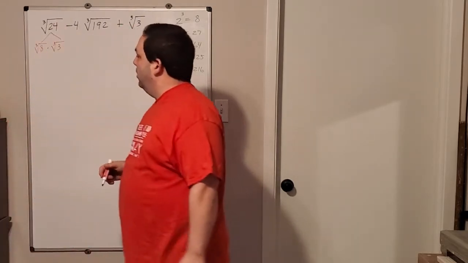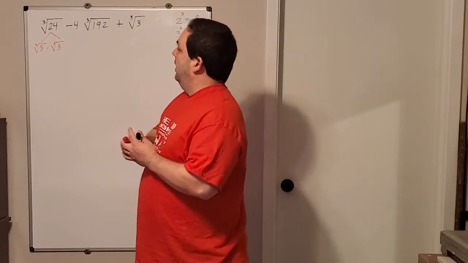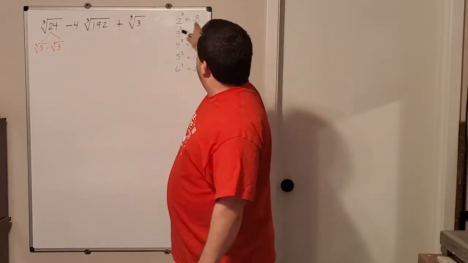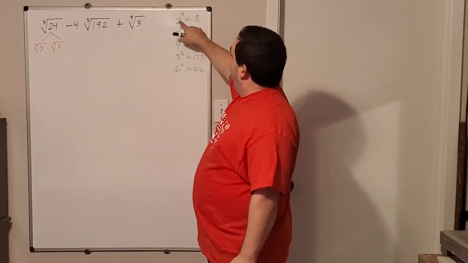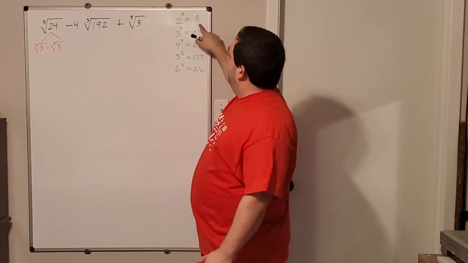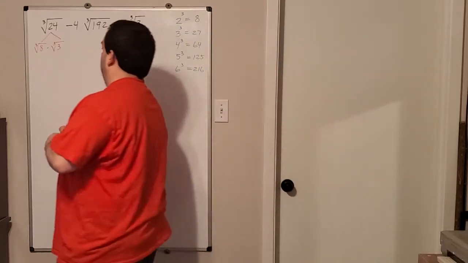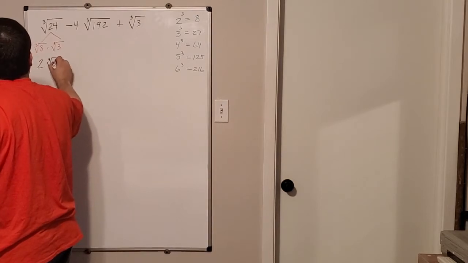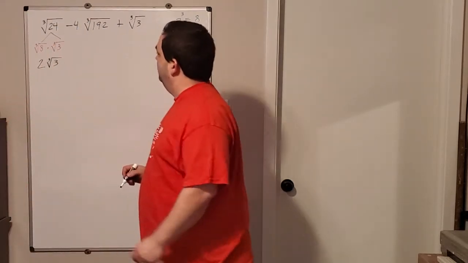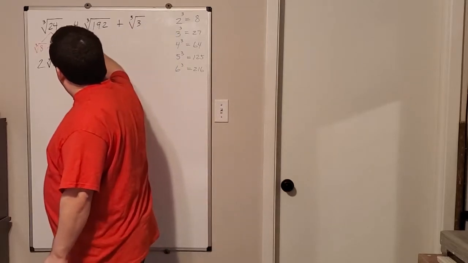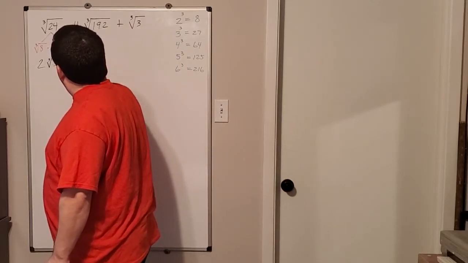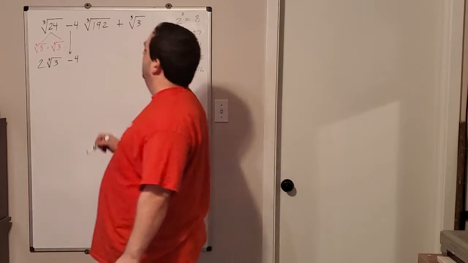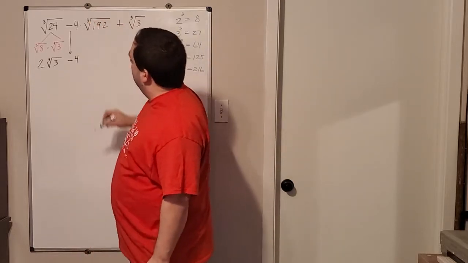That's 8 times 3 is 24. Okay, well, third root of 8, that also comes from my list, right? 2 cubed is 8, so the third root of 8 must be 2. So now I've got 2 third root of 3 for this one, right? And I'm going to carry the minus 4 down right here, right? Because this multiplication is going to continue on.